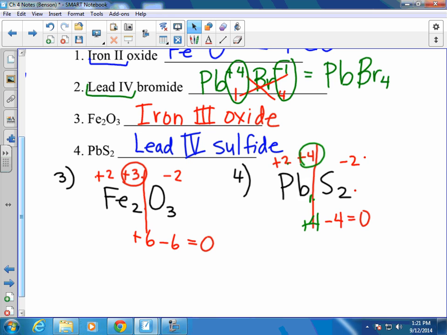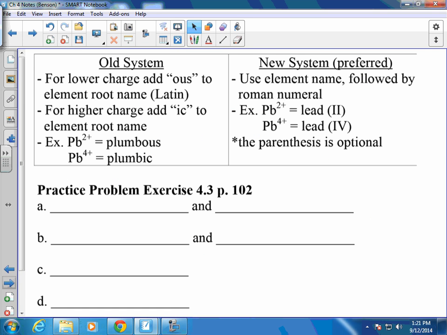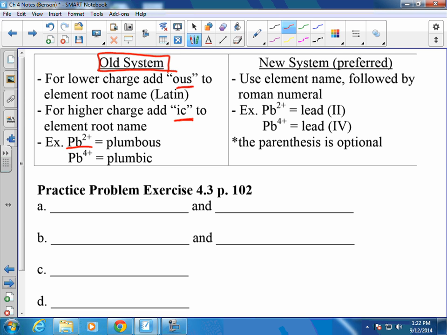Okay, and that's the naming system they're using for the transition metals. Now, sometimes you're going to see some new and old naming systems here. The old system that they used to use before we got a bunch more elements in there and it got too difficult is that for the lower charge, you would add OUS to the element with the root name, and for the higher charge, you would add IC. So for instance, instead of lead 2, you would say plumbous. Instead of lead 4, you would say plumbic.